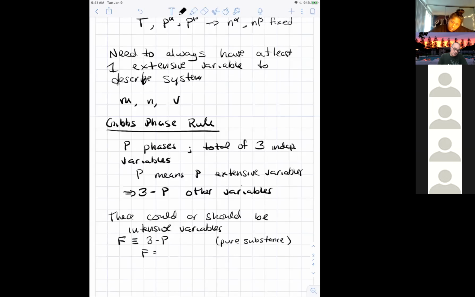F is known as the degrees of freedom, right?